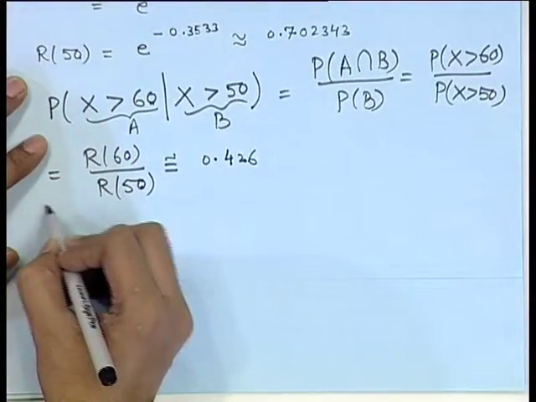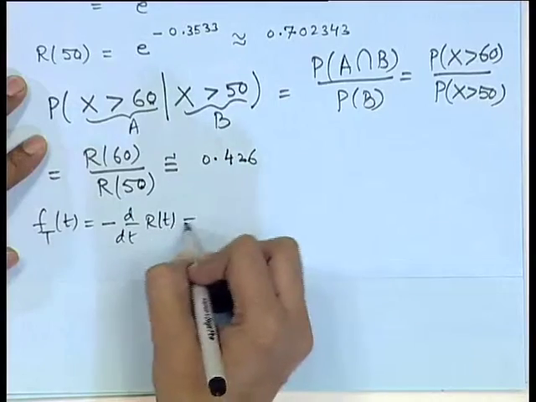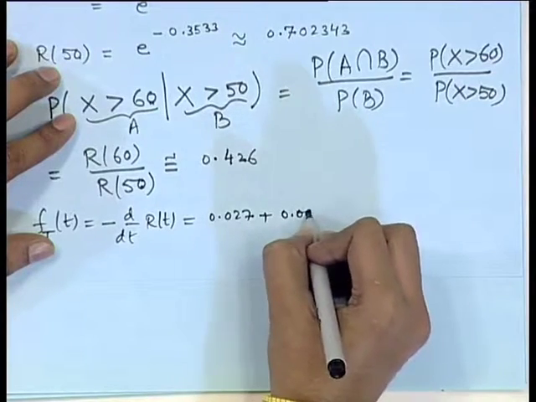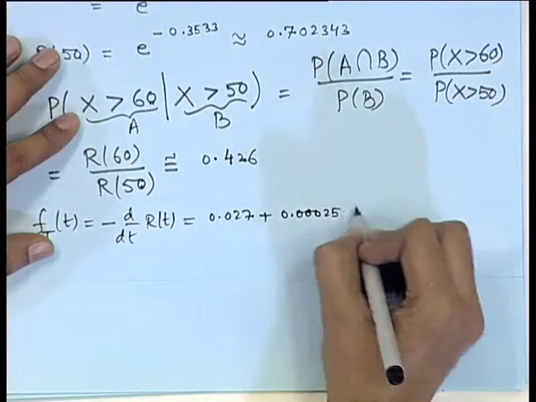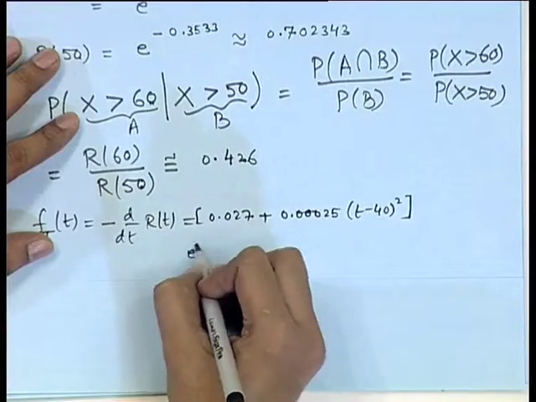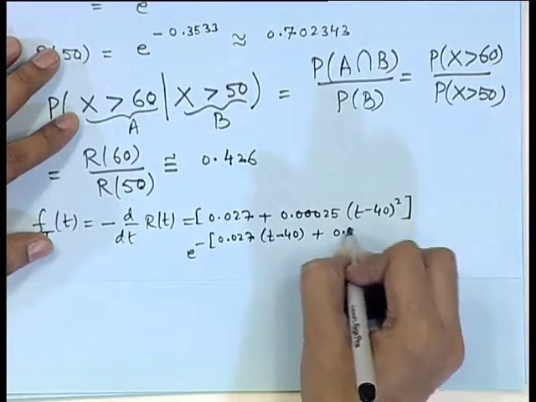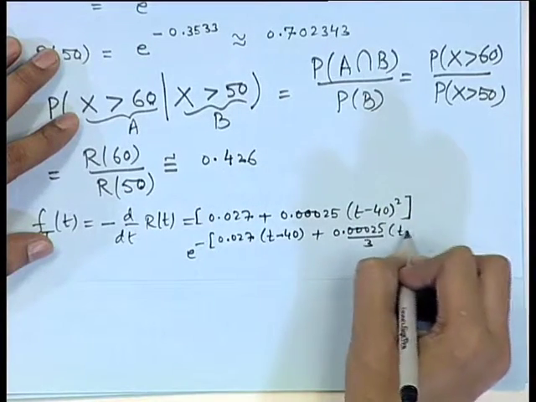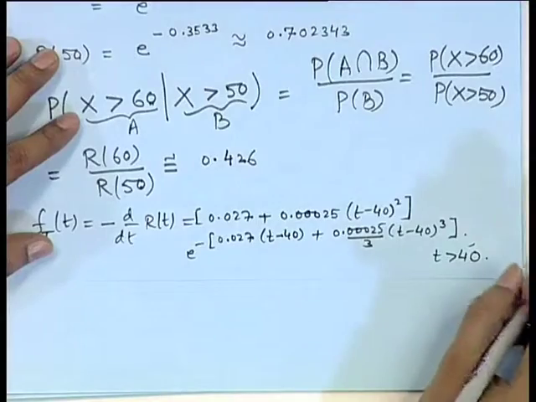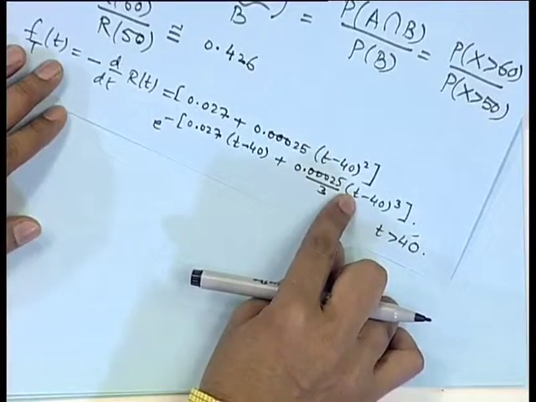So, the density function is obtained as minus d by dt of R(t), which is equal to (0.027 + 0.00025 (t - 40)^2) e^(-0.027(t - 40) + 0.00025/3 (t - 40)^3), that is t is greater than 40, which is nothing but the probability density function of a shifted Weibull distribution.